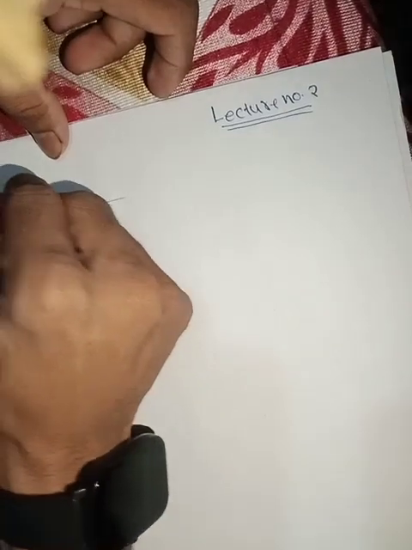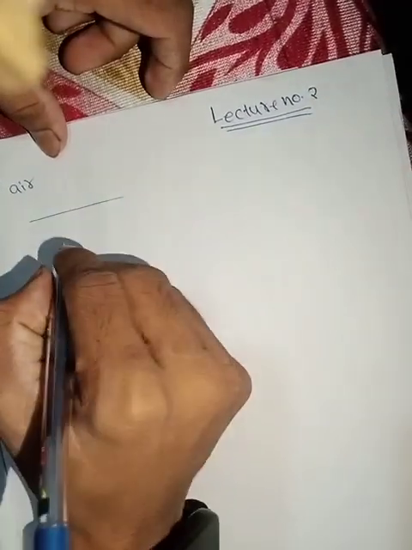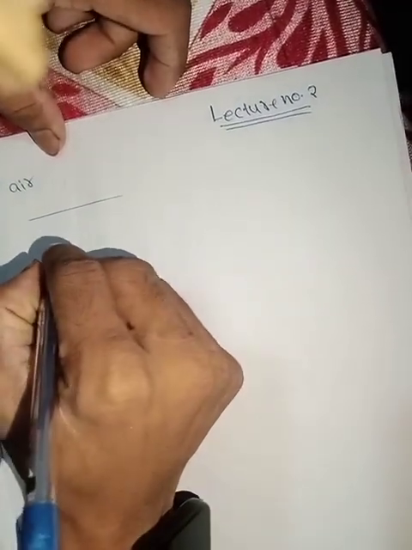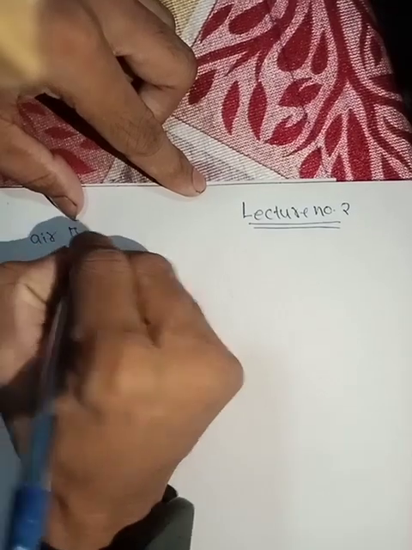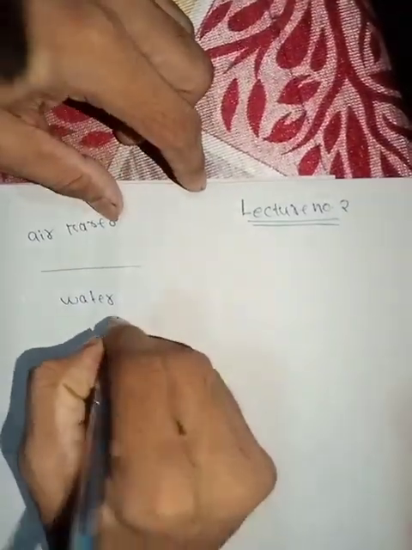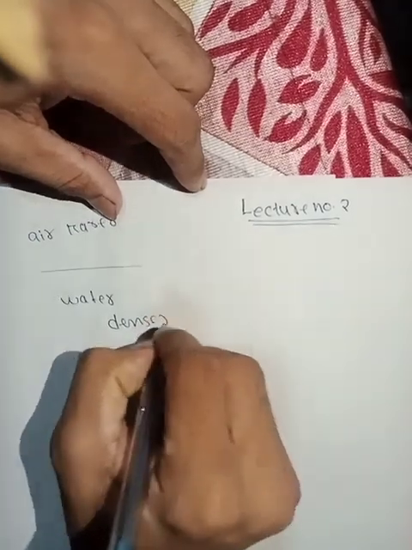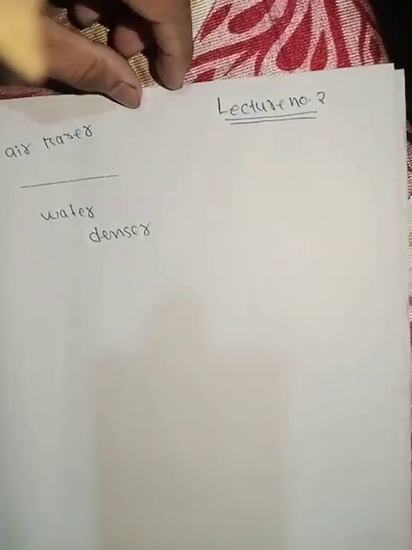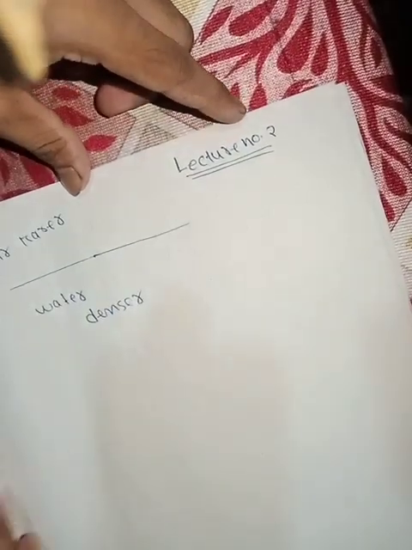Let's say this is a surface, and this is air and this is water. Air is a rarer medium as compared to water. This is called the denser medium. This is your surface.